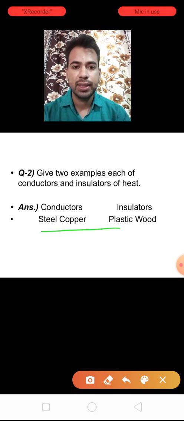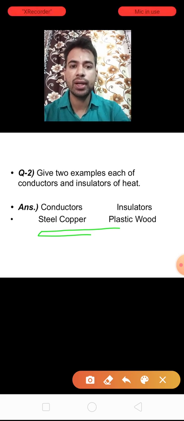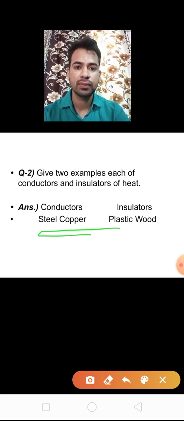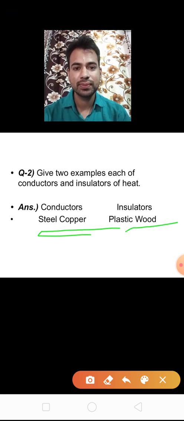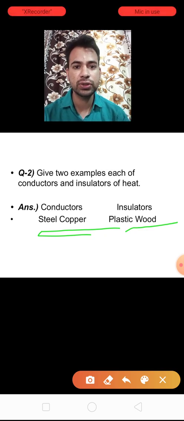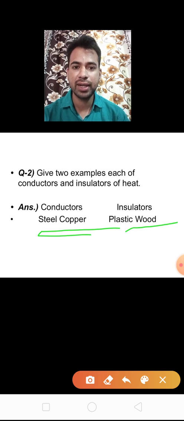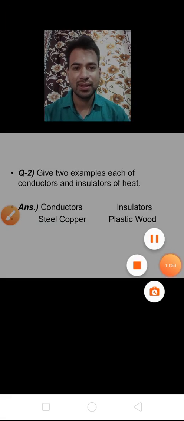Examples: steel, copper. Insulators do not allow heat to pass through them. Examples: plastic, wood. Very simple, very easy. In class 6 you also discussed conductors and insulators. Clear?